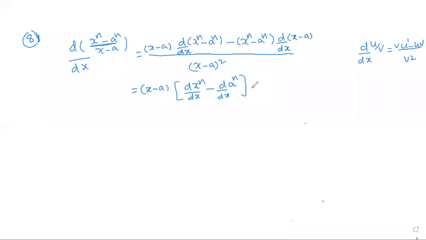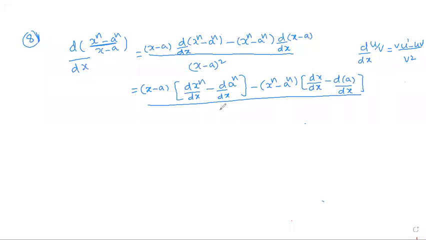Then minus (x power n minus a power n), separate derivative dx by dx minus derivative of a, by denominator (x minus a) whole squared. Okay, right?